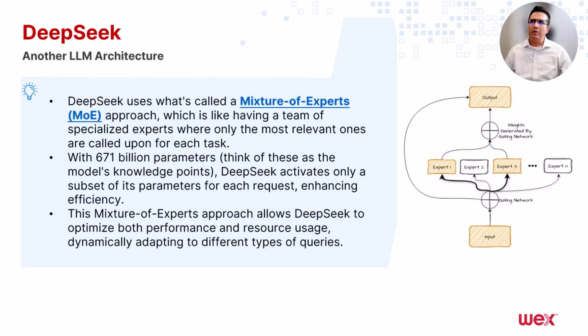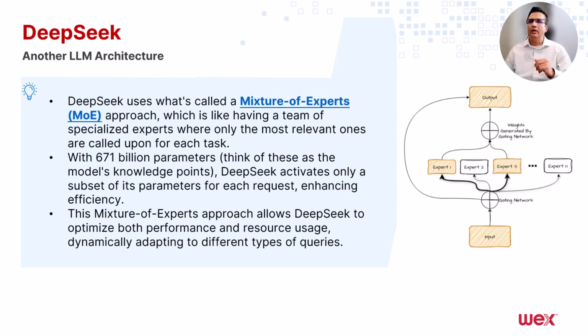You can read about it, but at a high level, if you see on this diagram, instead of like in Transformer, where every parameter is used, every weight is used to be able to generate certain output, in here, the input goes to something called a gating network, and the gating network decides which expert path to choose or which experts to wake up for this type of task instead of asking everybody to work on it. That's why it became efficient.